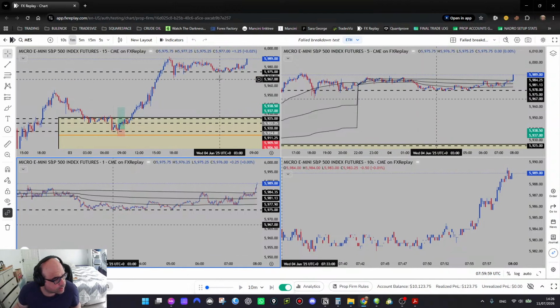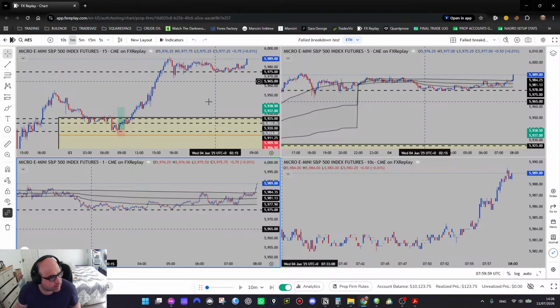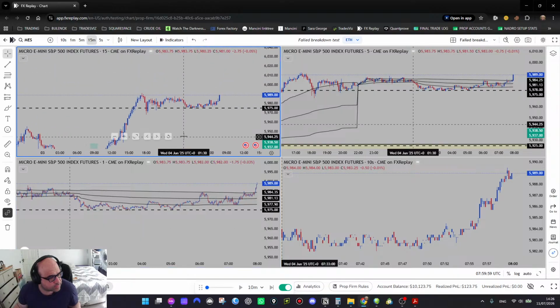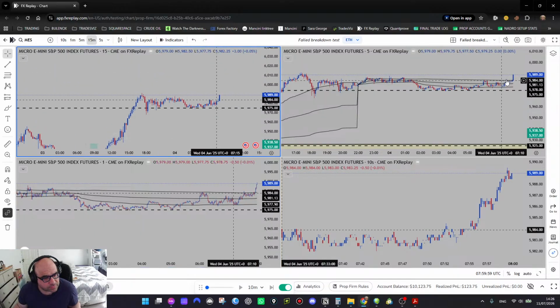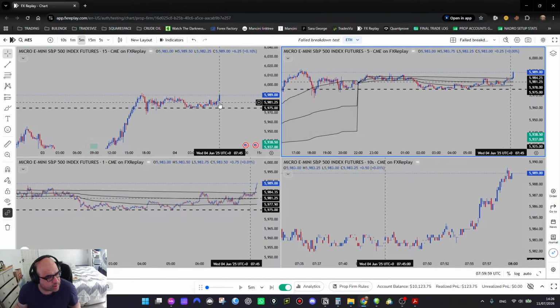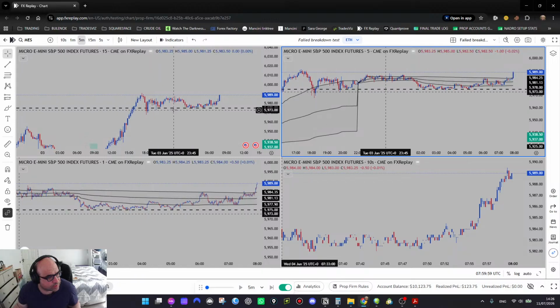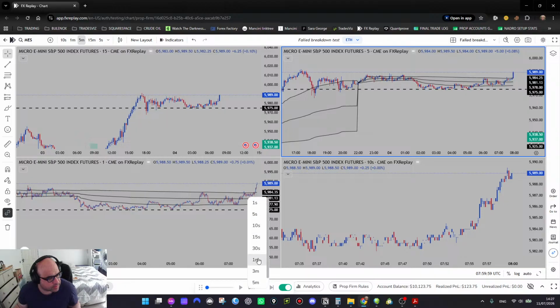Okay, so we see price from yesterday just build a shelf here at the highs, really bullish. And we can see now it's the market open. We don't see anything yet. I'm just gonna go a little bit slower now. Let's visit.